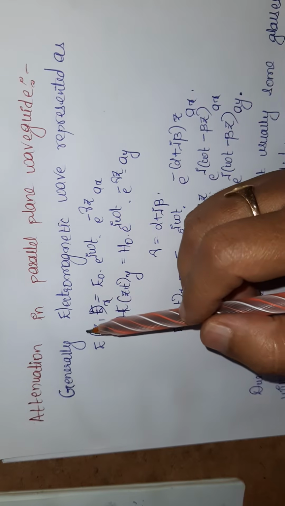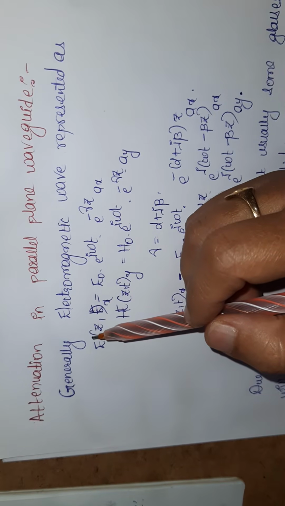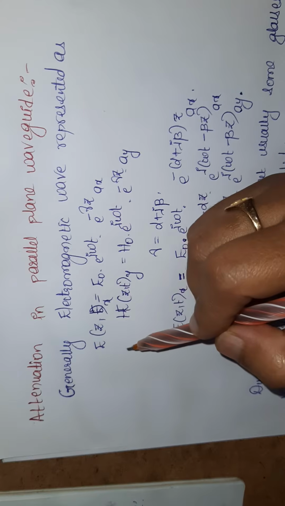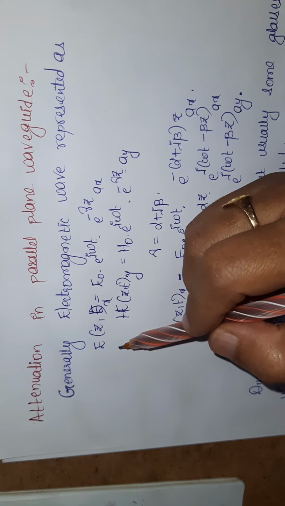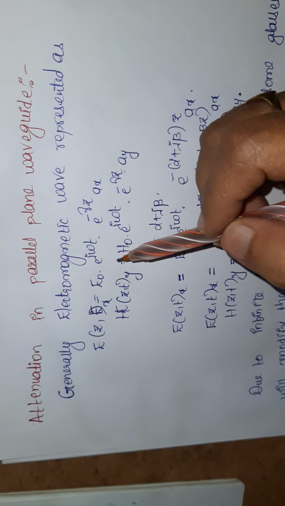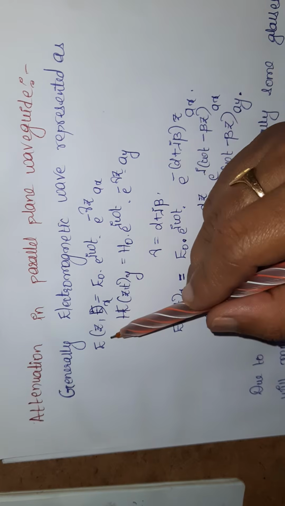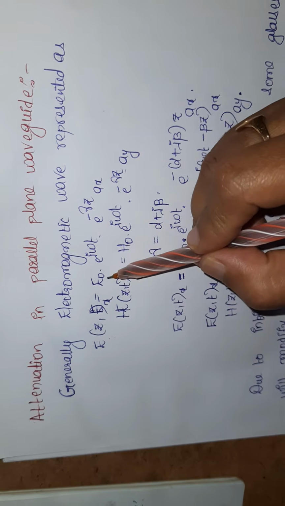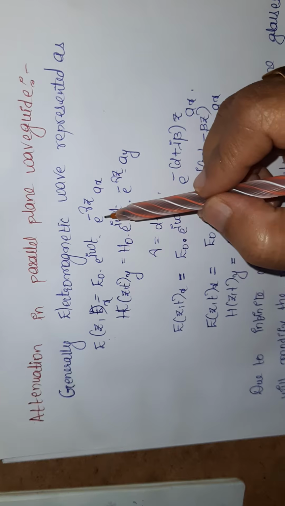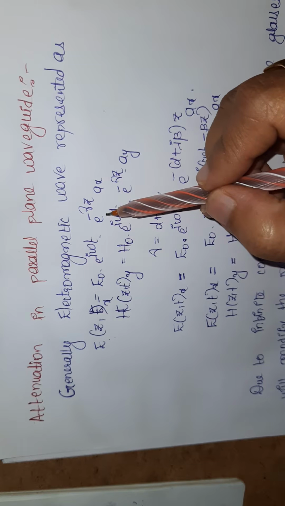So how is the signal attenuated in a parallel plane waveguide? Generally the electromagnetic wave is represented as E equal to E naught e power j omega t into e power minus gamma z.